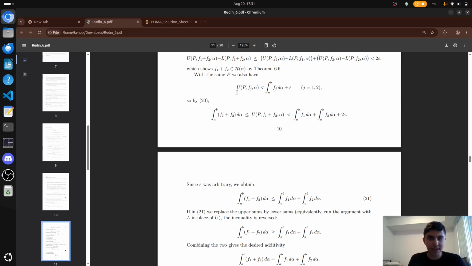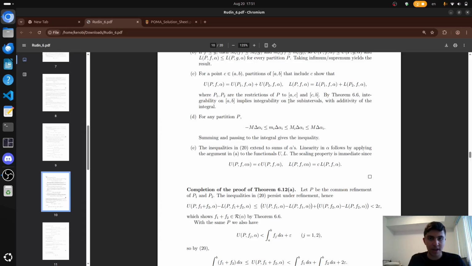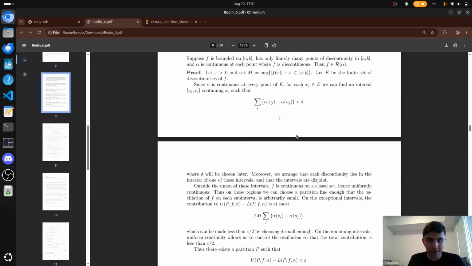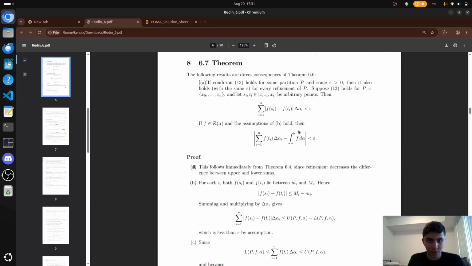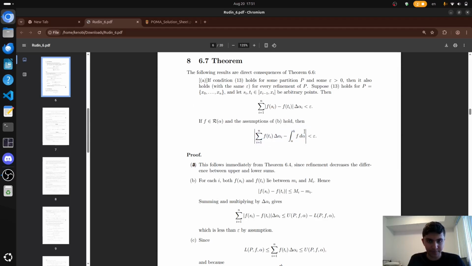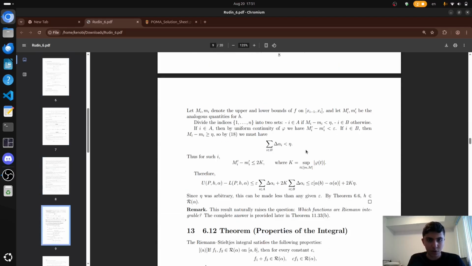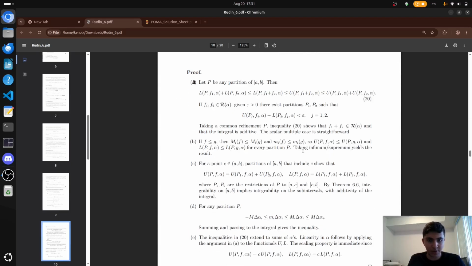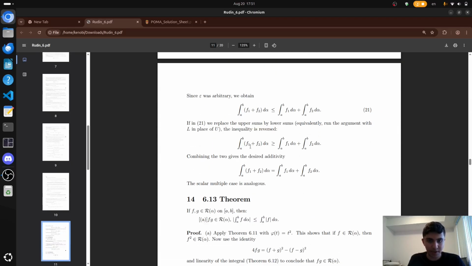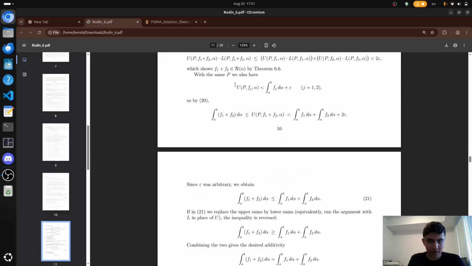That's because we showed that their difference is less than epsilon in the theorem over here. If we go back, yeah, this thing over here. So that you're going to get this result over here.